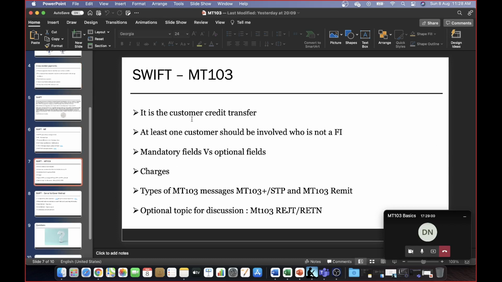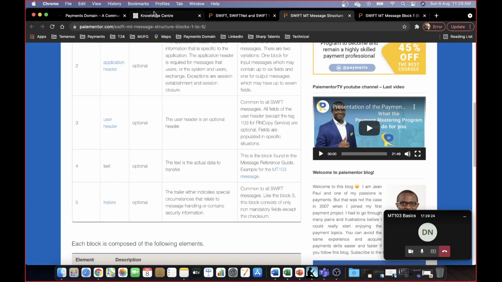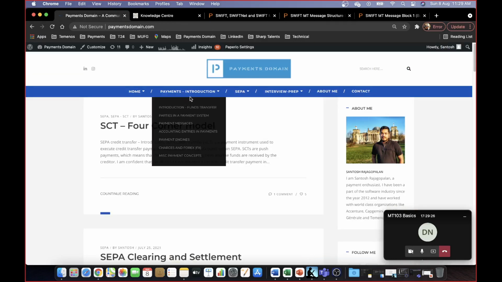And customer here means there must be at least one customer in the whole payment chain. A bank can send funds to a customer, a customer can send funds to another customer, or a customer can send funds to a bank. So in all these three scenarios, at least one party in the payment chain is a customer. So what do I mean by customer? I've written an article on this, which talks about the different customers of a bank.